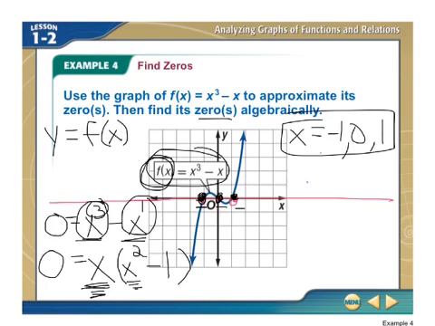Now, x times x squared minus 1 is equal to 0. Since I am multiplying this factor times this factor and it's equal to 0, to solve for your solutions, you could say x equals 0 and x squared minus 1 equals 0.